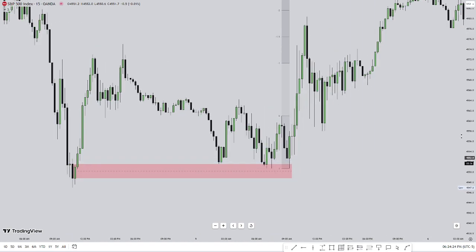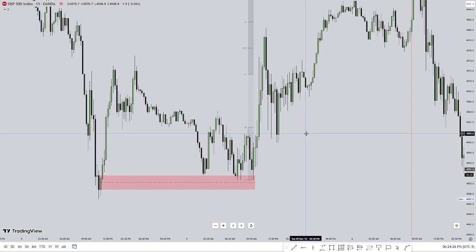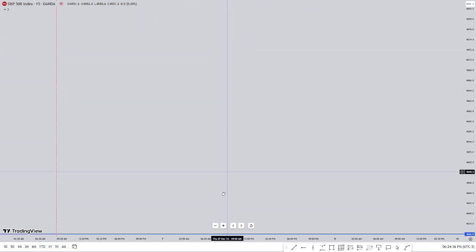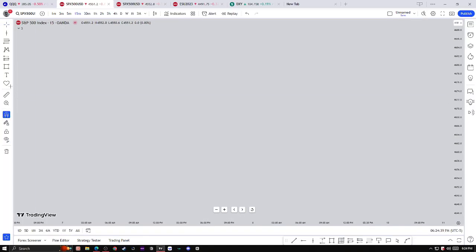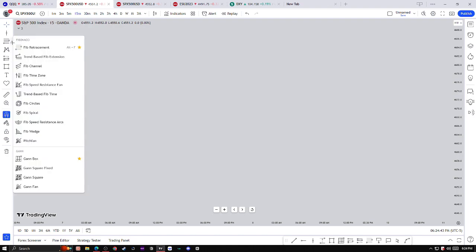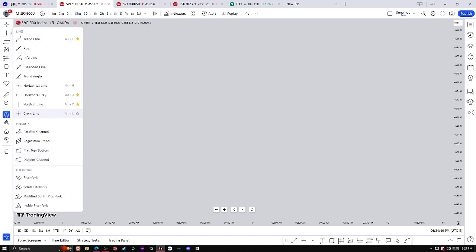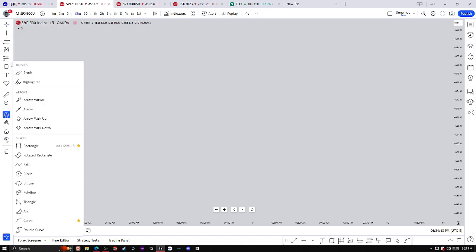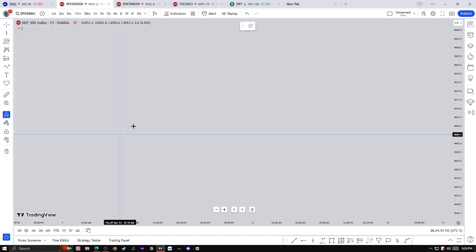What I wanted to talk about, because I'm getting off track, is high time frame PD array. I'm going to show you what my model basically teaches and what I want to teach. For a bullish setup in my case, it would be something like this.